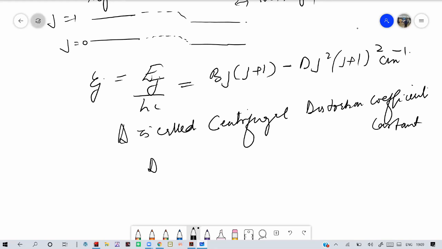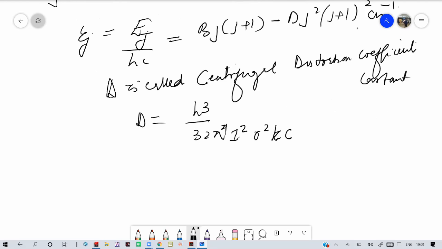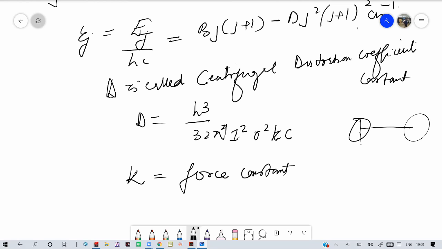The value of this D is given by h cubed over K c, and remember that this K is the force constant, the elasticity of the bond.